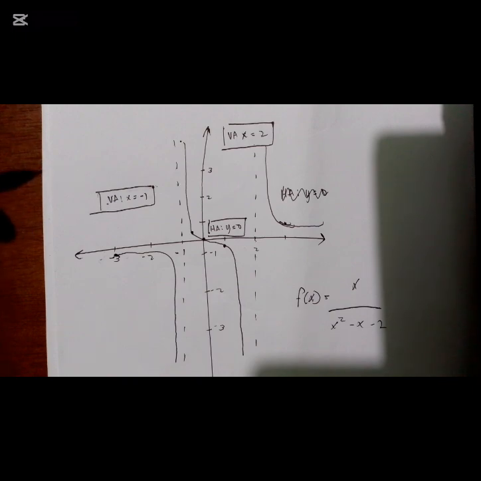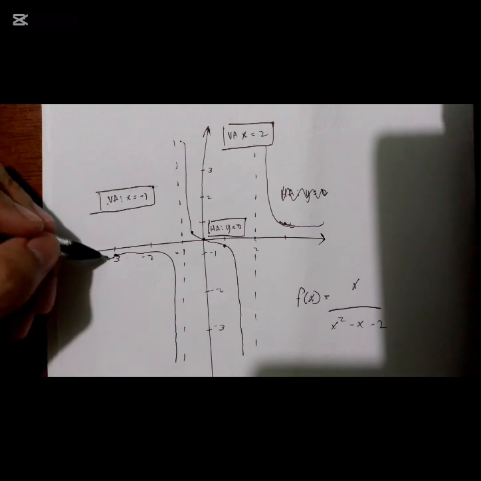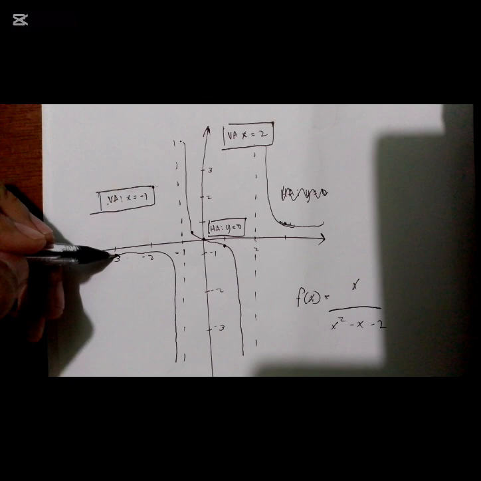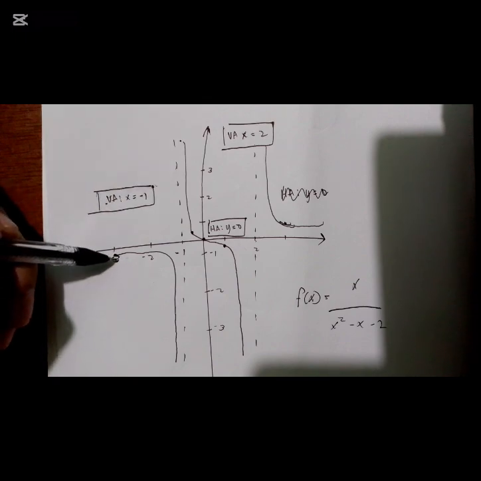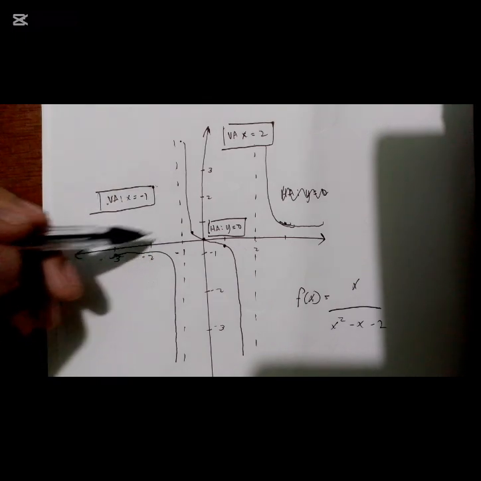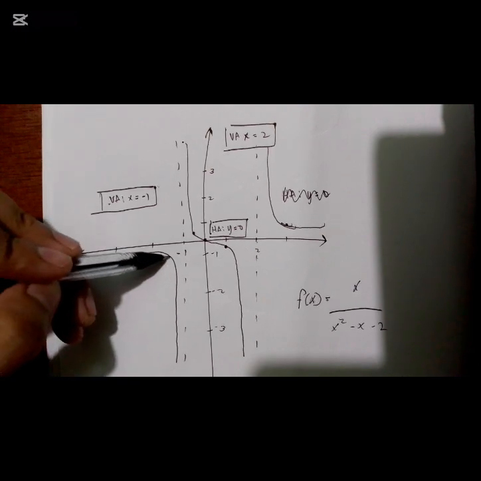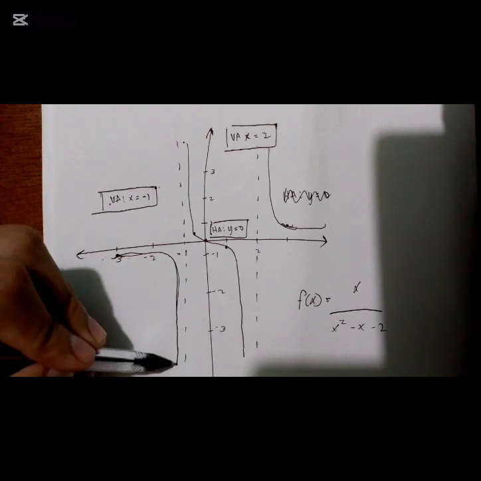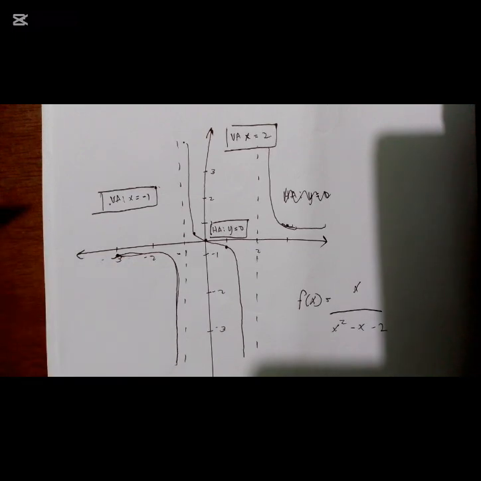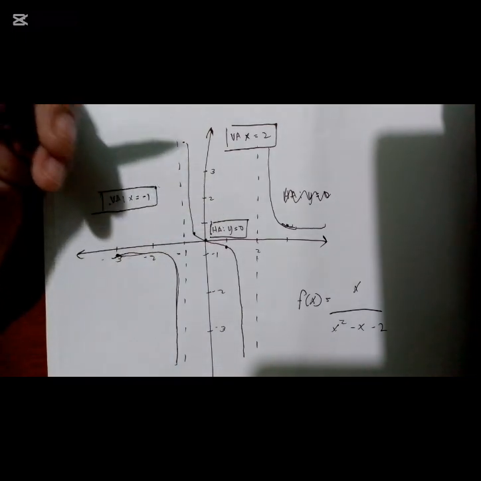Say, for example, you have negative 3 and negative 0.3. The graph should not touch the vertical asymptote, so the motion of your graph is like this. And we all know that our horizontal asymptote is y equals 0.